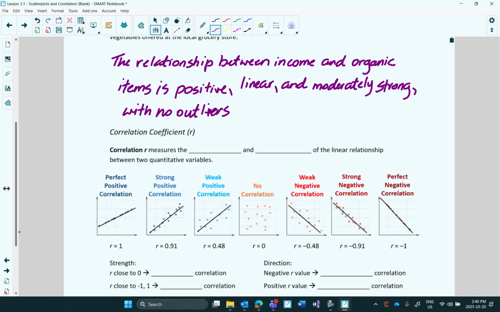Okay. So how do we measure correlation? We talk about something called the correlation coefficient, and we use a lowercase r. What it does is measure the strength and direction.